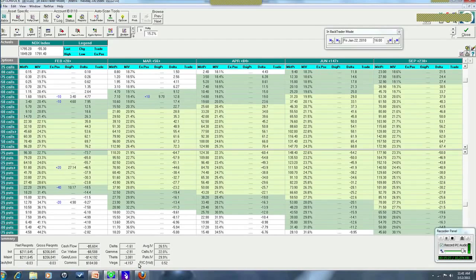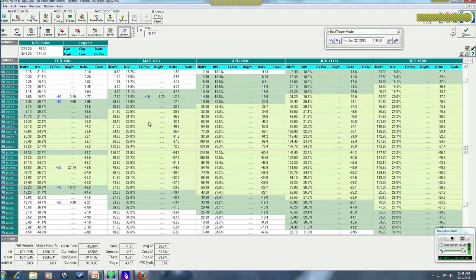So I'm operating on theta and vega. Now we had a 5-point increase in vega that day. Right. Okay, so being short vega is not the worst idea in the world, because if the volatility settles down a little bit, you're going to get an advantage from that. Right.